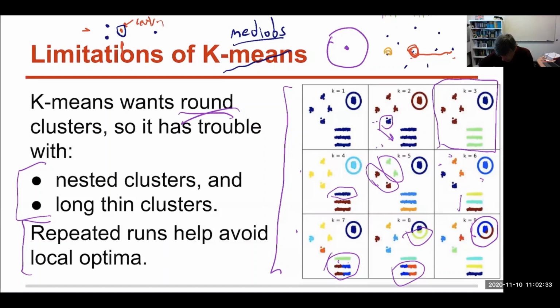This guy is not a good center because the longest distance from it to somebody else is very large. So one way we could represent a cluster, instead of by a centroid, is by its most central point.